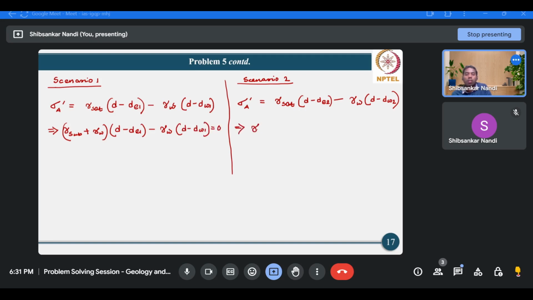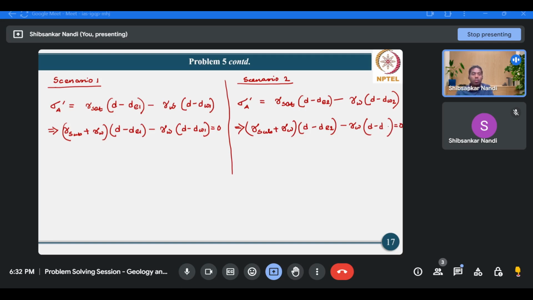Similarly, gamma sub plus gamma w times d minus d2, minus gamma w times d minus dw2 equals 0.